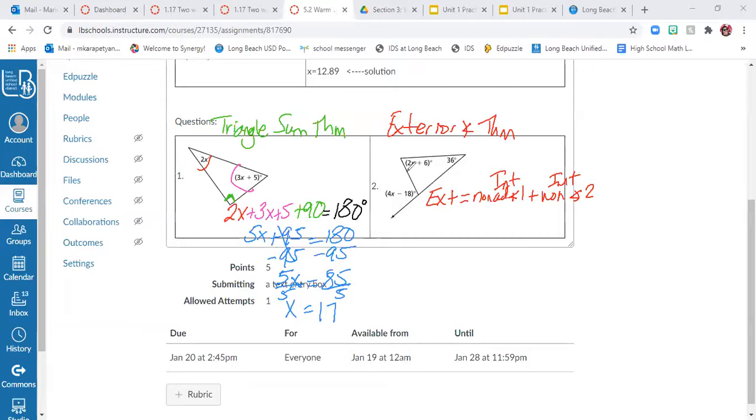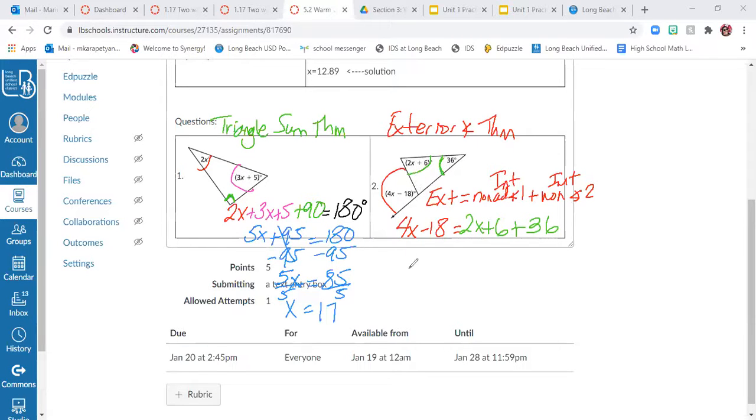My exterior angle, the one that's outside my triangle here, is going to be on one side of the equal sign by itself. And on the other side we're going to have our 2 interior angles: 2x plus 6 plus our other interior angle, which is 36. So it's the 2 angles that are not touching the exterior angle.